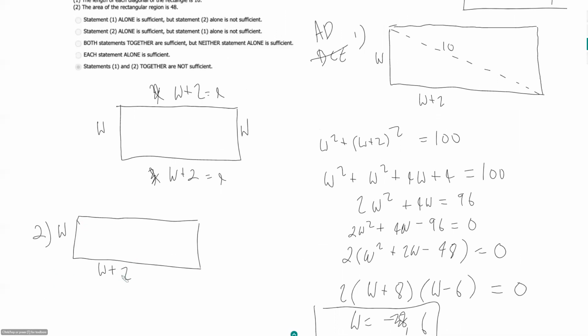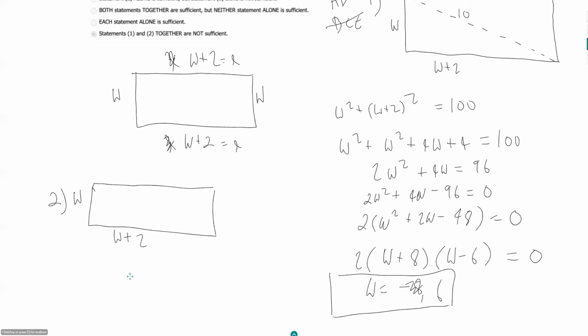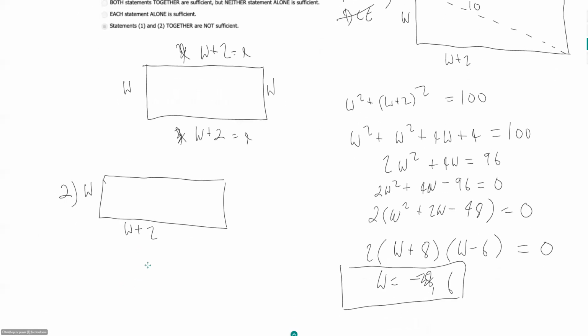So now we know W times W plus 2, length times width, is equal to 48. Which means W squared plus 2W is equal to 48.